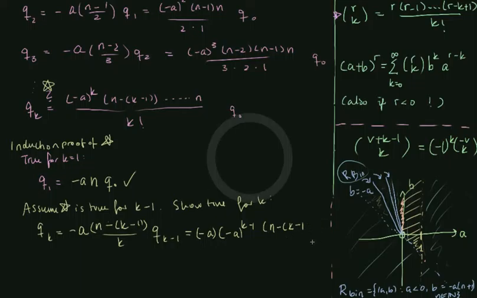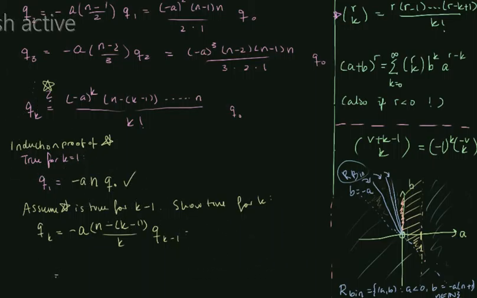I think I'll do this on a new line. So I have minus a, right? And then I have the minus a to the k minus 1. And then I have the n minus k minus 1 from this formula. And then for the formula for k minus 1, it's n minus k minus 2, and so on, all the way up until n.